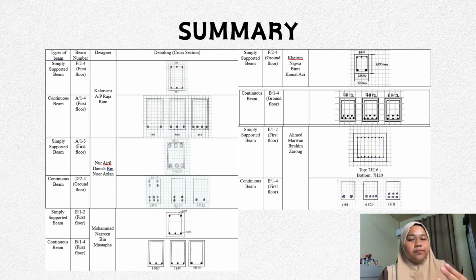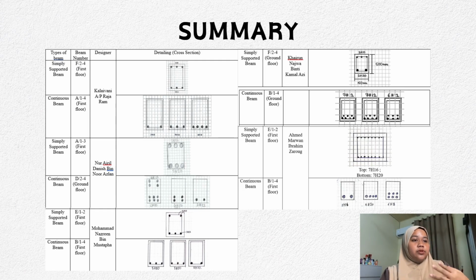For the continuous beam that he designed, B1 until 4, first floor beam, the first cross section is 3H12 for the bottom, the middle cross section is 3H20 for the bottom also, and the last cross section of the beam is 2H20.